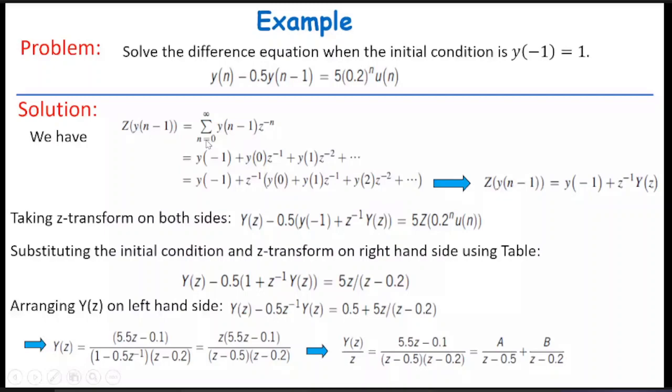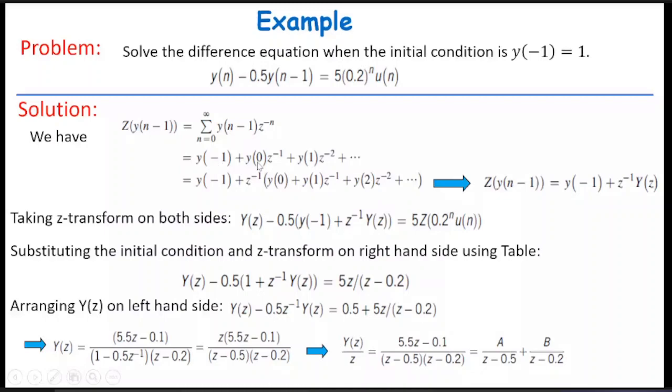When n is equal to 0, that time it is only y of -1. So this way we can write, just use the formula. Okay, the initial value is coming here.